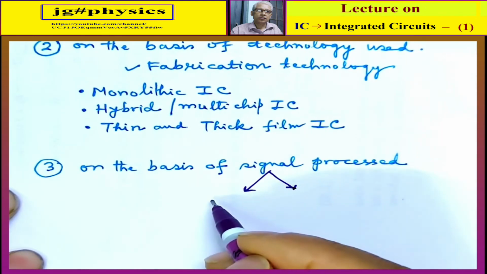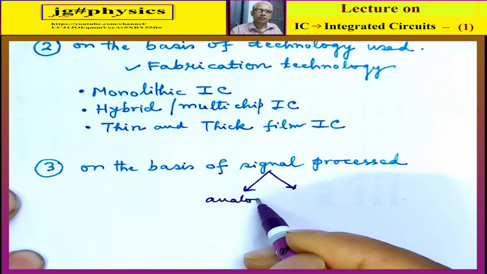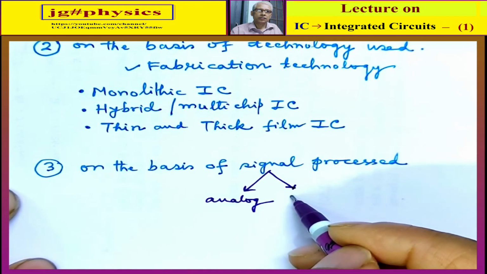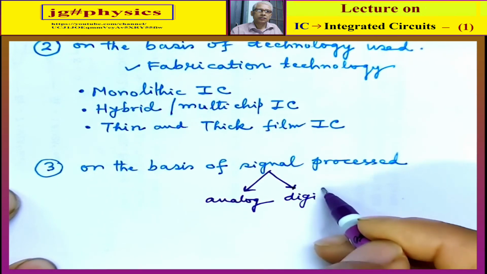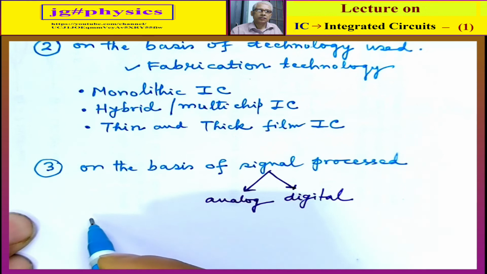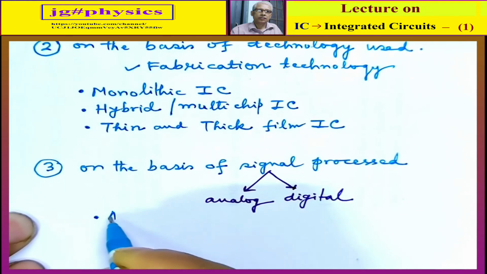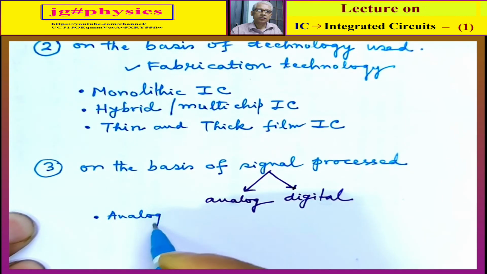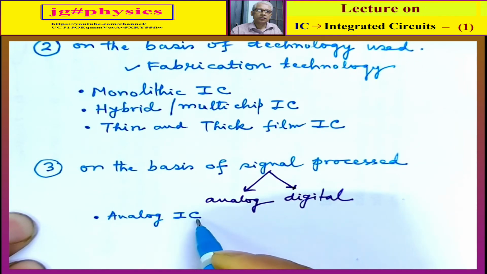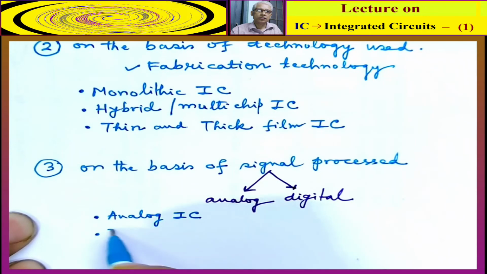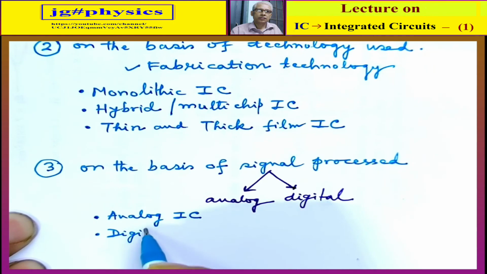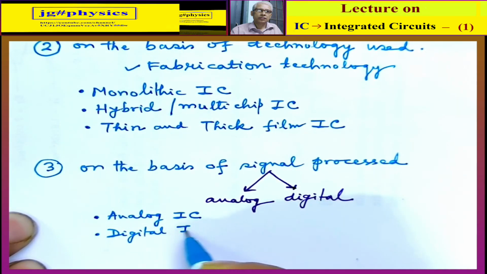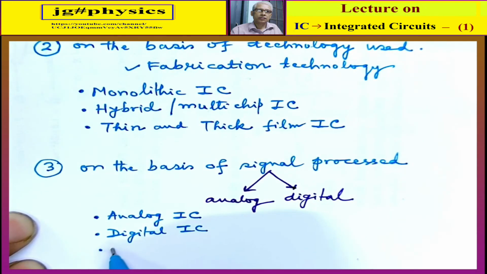One is analog signal, the other is digital signal. Accordingly, we shall come across terms like analog IC, digital IC, mixed signal IC.